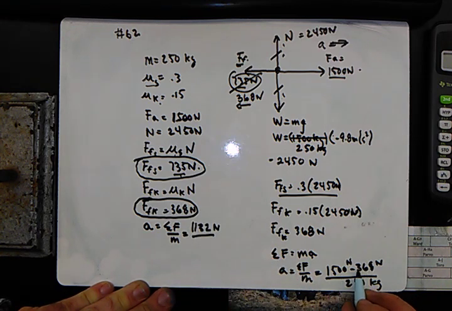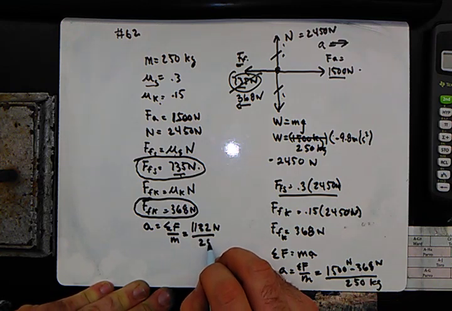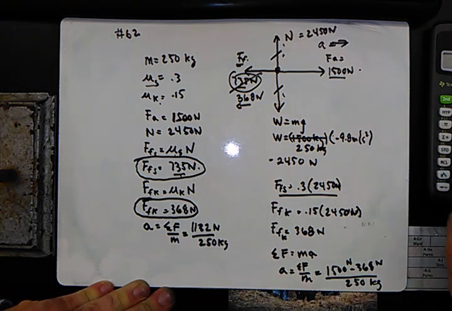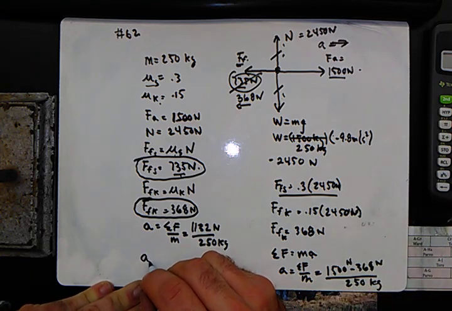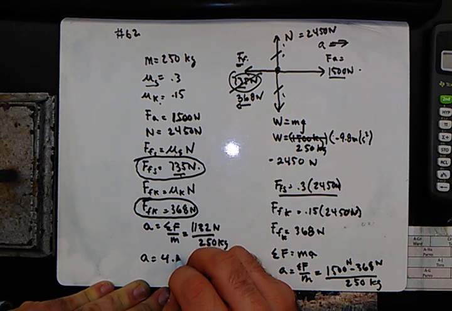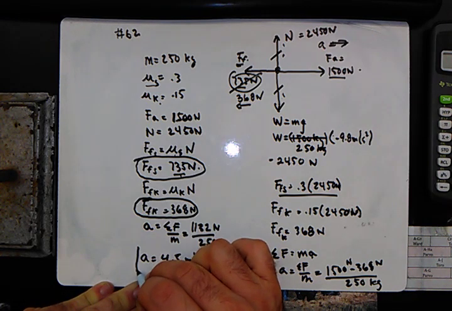We subtracted that to get the 1132, divided by 250 kg. So let's figure out what that is. The acceleration of this object is 4.5 meters per second squared.